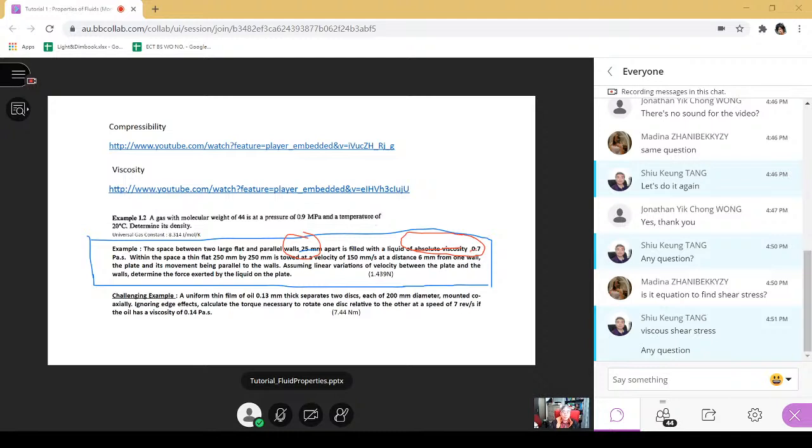The viscosity is 0.7 Pascal second, and there is a thin flat plate. The plate is a square, of size 250 millimeter by 250 millimeter, very thin.